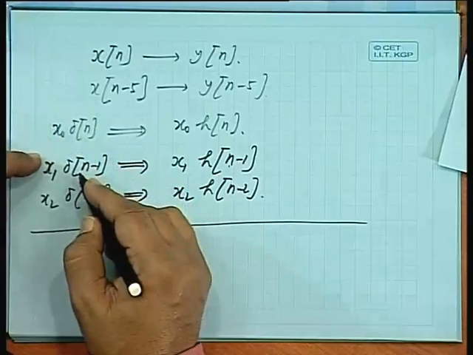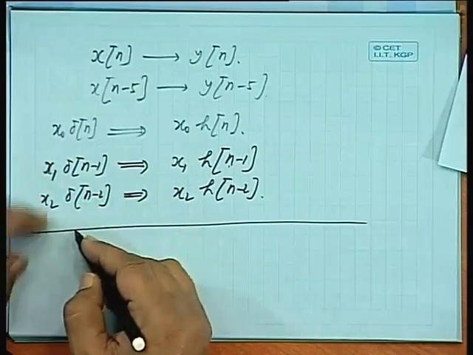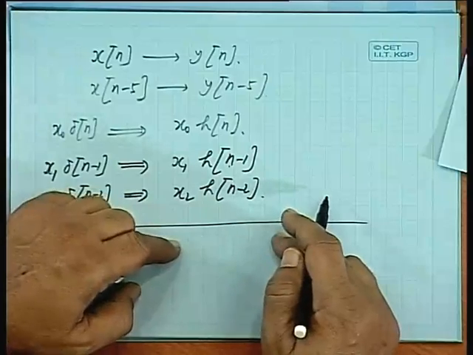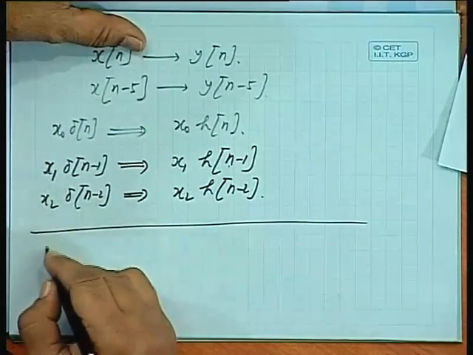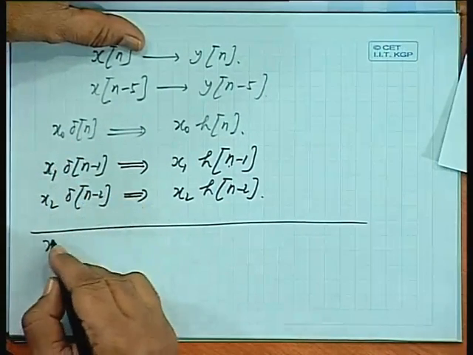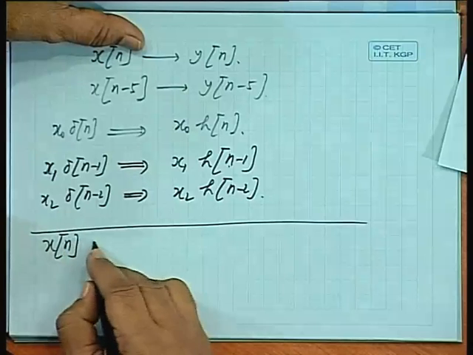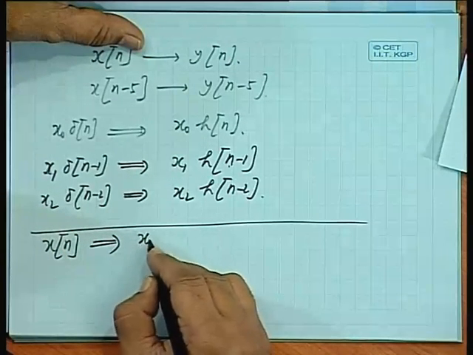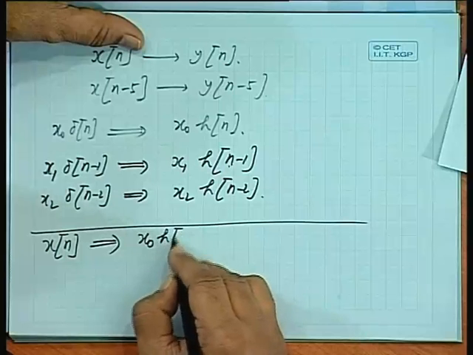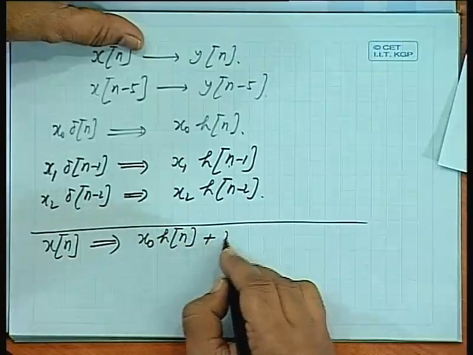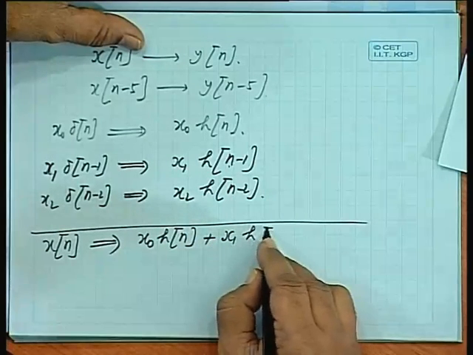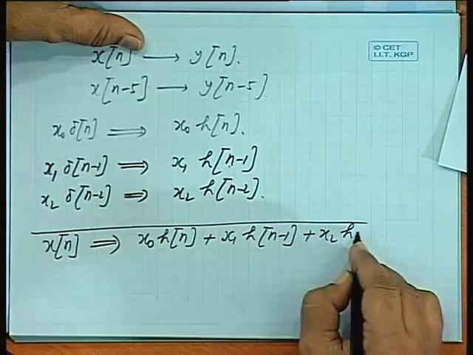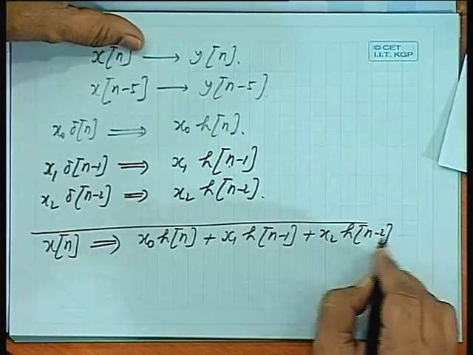Superposition theorem says if I now have addition of these as the input, output will be addition of these. So, corresponding to the sum, which is nothing but the original x[n], the output will be x0 h[n] plus x1 h[n minus 1] plus x2 h[n minus 2] and so on.